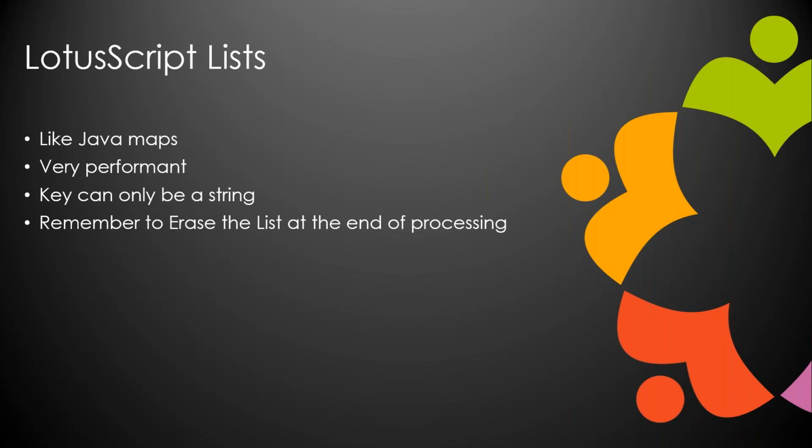LotusScript, when it comes to maps, we're familiar with lists. If you haven't heavily used lists, they are extremely performant. My predecessor at Intec converted some code that was taking hours to run overnight, and by changing it to use lists, cut it down to about 20 minutes.